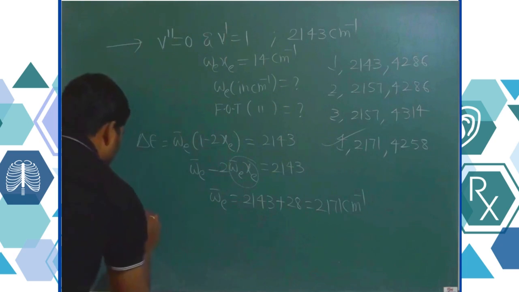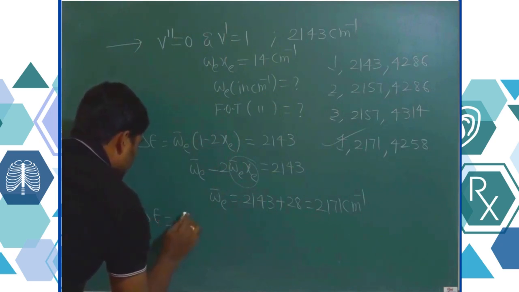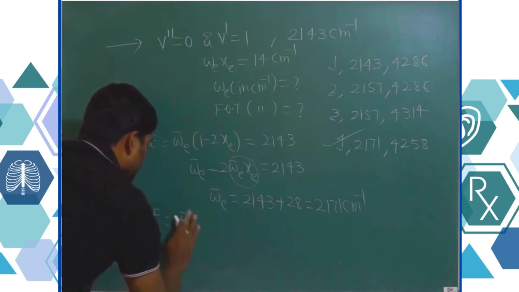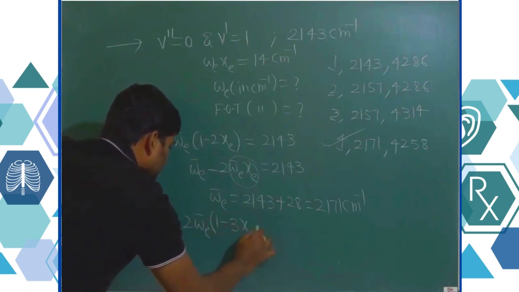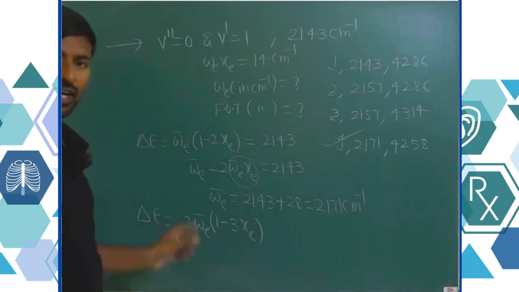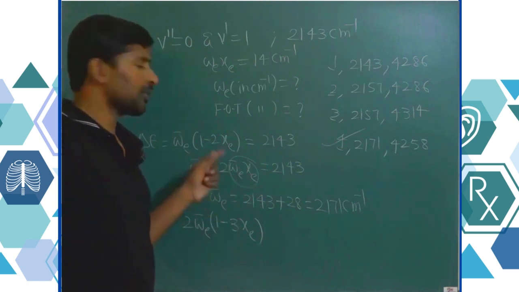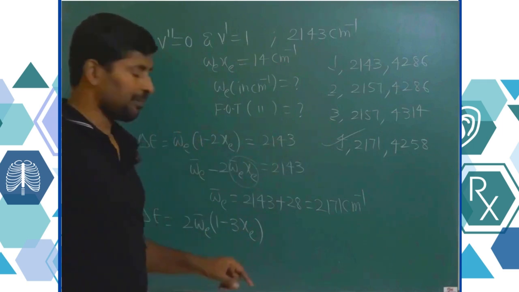We know the first overtone is observed at 2 omega bar e into 1 minus 3xe. Second overtone is 3 omega bar e into 1 minus 4xe. Hot bands omega bar e into 1 minus xe.